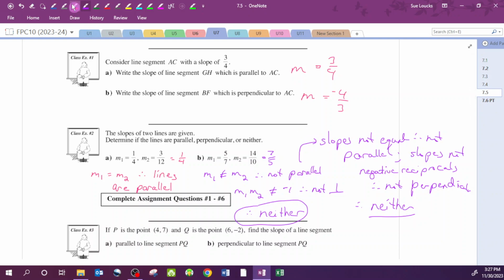But remember, you must interpret your result. Okay? So justification and result. You need both of those, okay? You can't just write down parallel. You have to tell me how you know that they're parallel, okay?